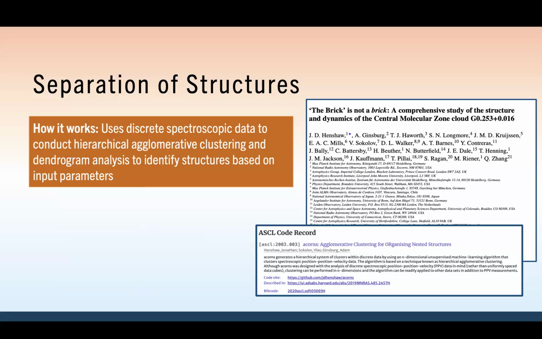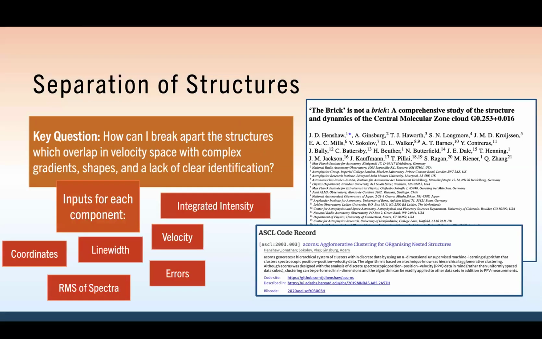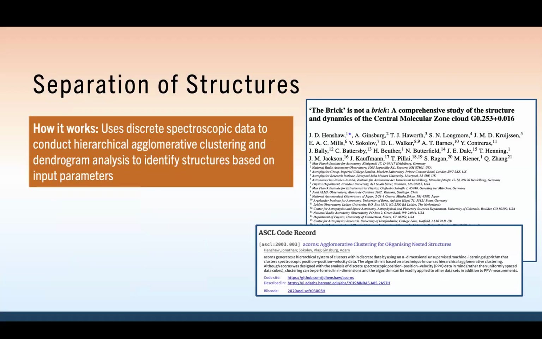So how it works: instead of putting in the entire spectrum for the entire cube, you instead put in the discrete information. It made it a lot easier to be able to put in each of these inputs for each component at each pixel.